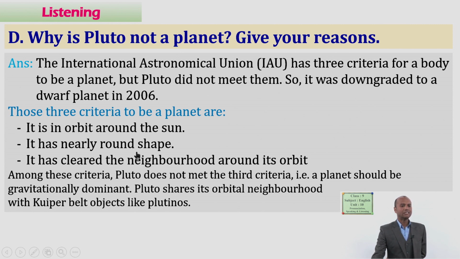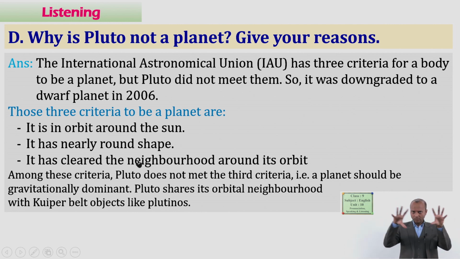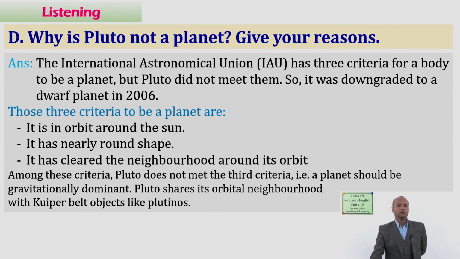If something is to be taken as a planet, it has to have these 3 qualities. It should orbit around the Sun, it has a nearly round shape, and it has cleared the neighborhood around its orbit. Among these 3 criteria, Pluto does not meet the 3rd criterion, meaning it does not have a clear orbit.